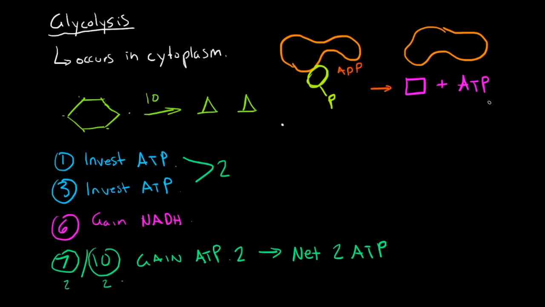So you're adding a phosphate group. This is adenosine diphosphate, and this is adenosine triphosphate. So there's an extra phosphate group here that is coming from right here. This phosphate group is getting cleaved off and it is added here, and then this has no phosphate group attached to it. So this is your product, and this is your substrate. So this is substrate level phosphorylation.